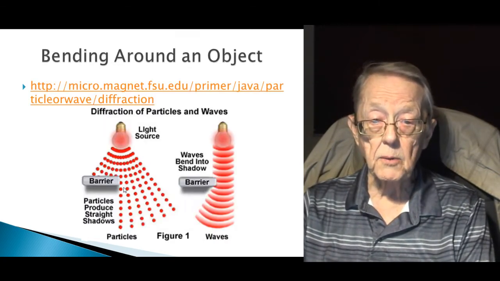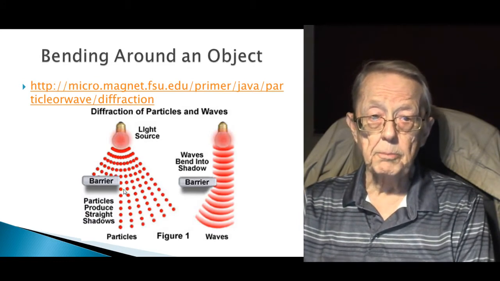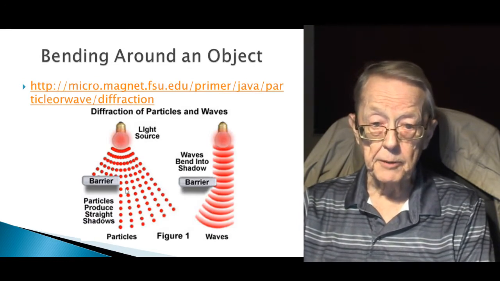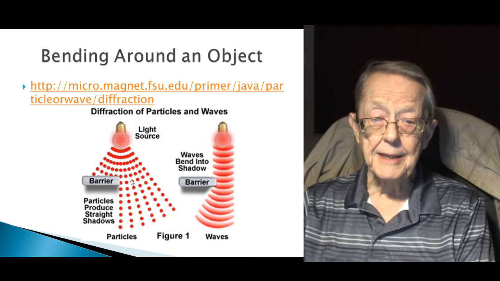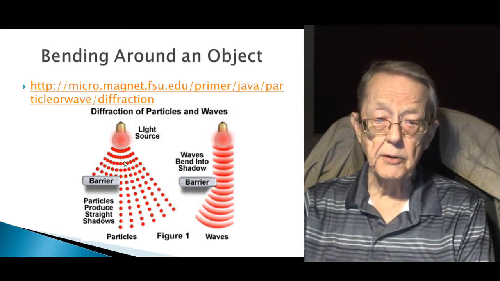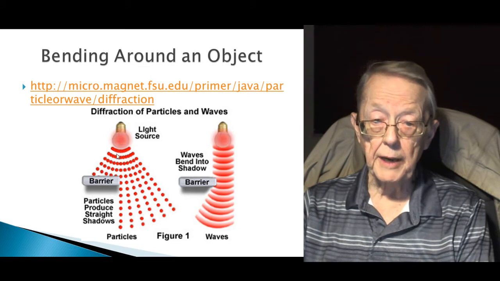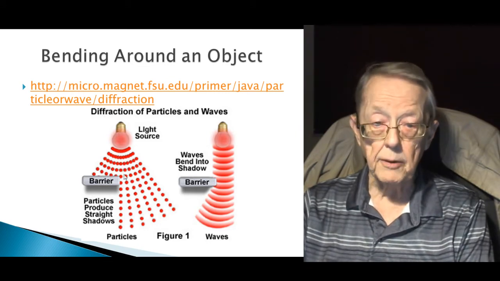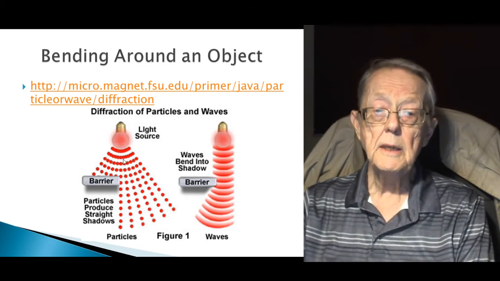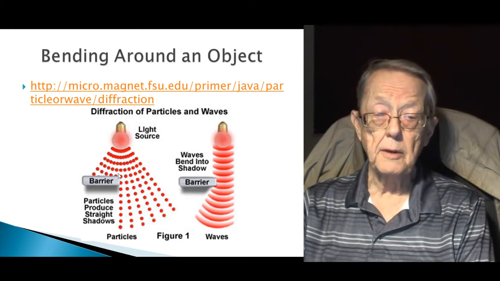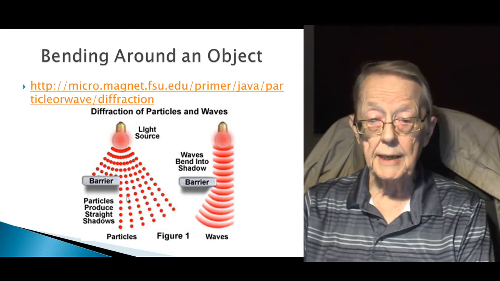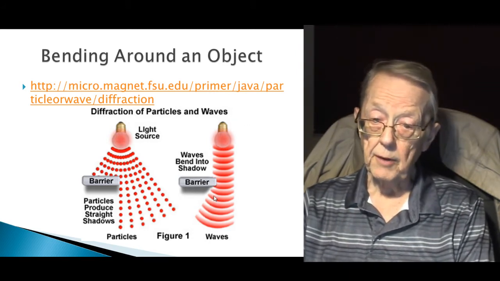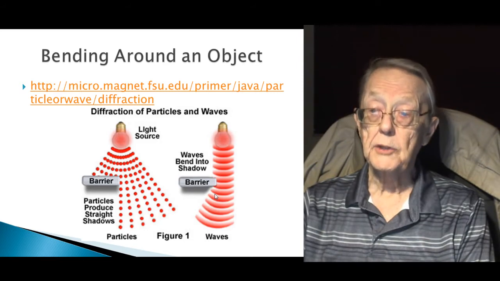It does act like a wave. So light does bend. We see light bend around a barrier. But in this particular graphic, if we continue with light as a particle, and they claim light is both particle and wave, wave-particle duality, if it acts like a particle, it can't bend, because particles must go in a straight line, whereas waves around a barrier can actually bend.